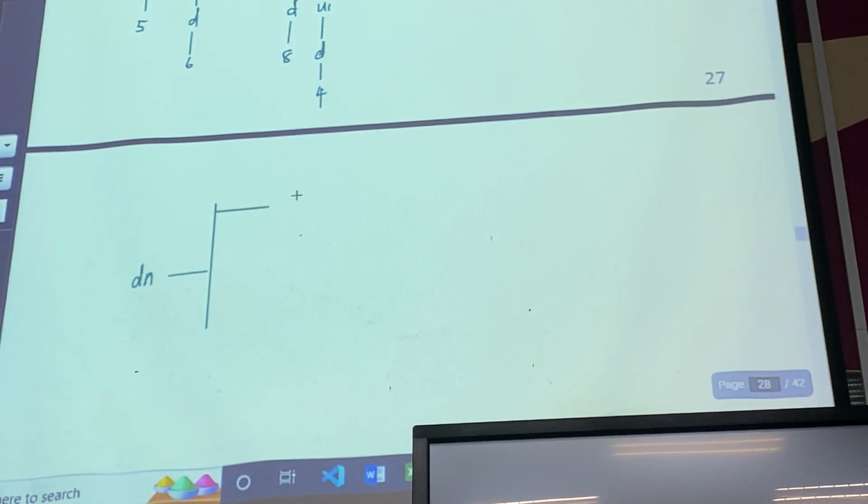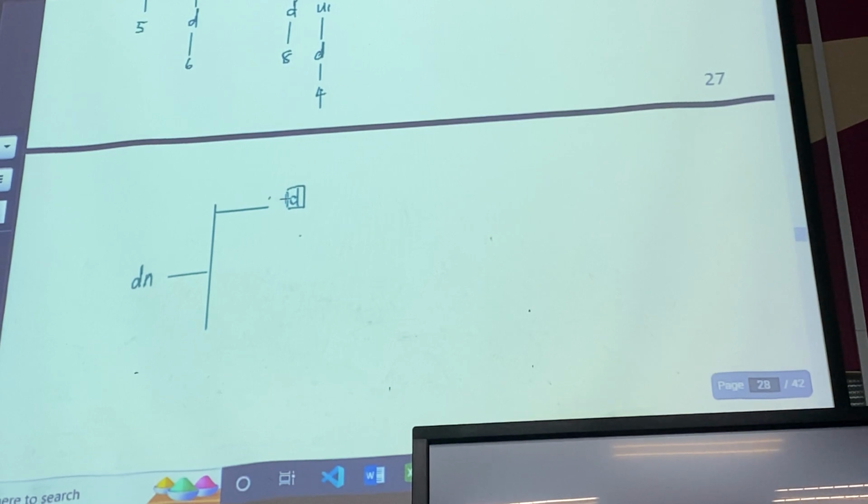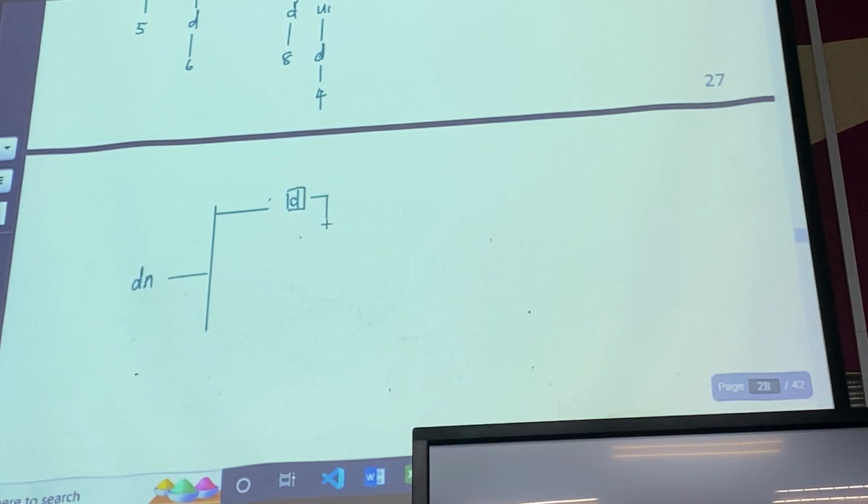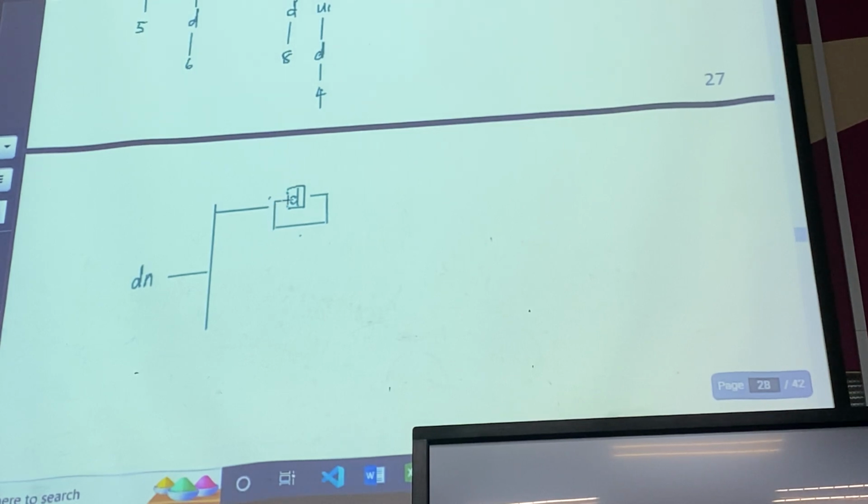So I will replace it with a digit. And then this is the first one.